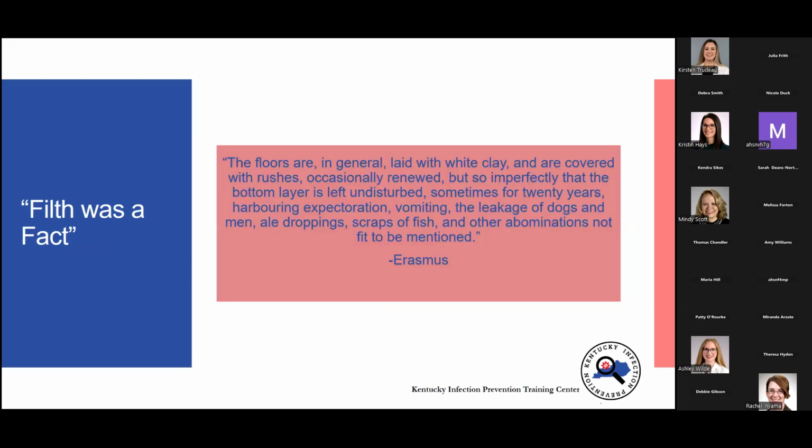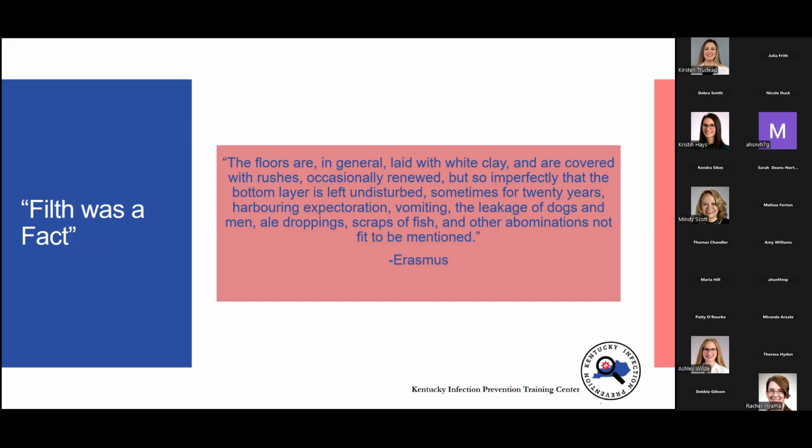Erasmus had a quote during this time, and he said essentially that filth was a fact. During the time period, it wasn't that people were filthy by choice, it just was a fact. It was how people lived.